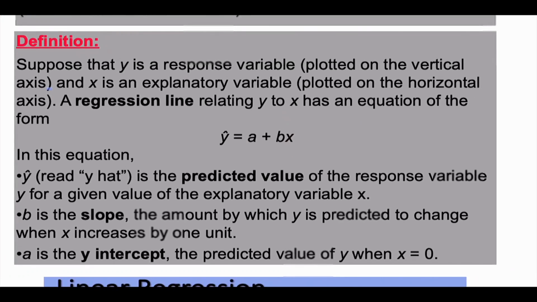In other math classes, you use y equals mx plus b, right? In this class, they change the letters around. B is no longer the y-intercept. It's actually the slope. B is the slope. A is the y-intercept, which is here.